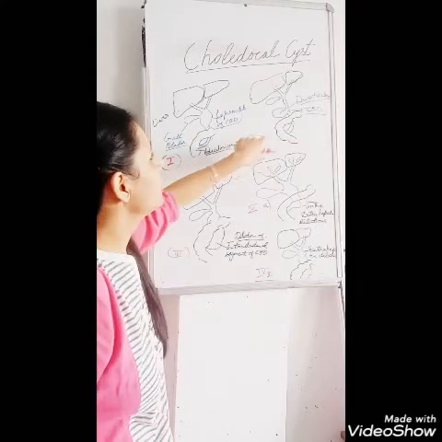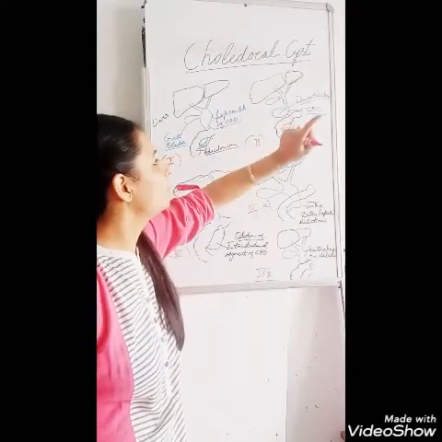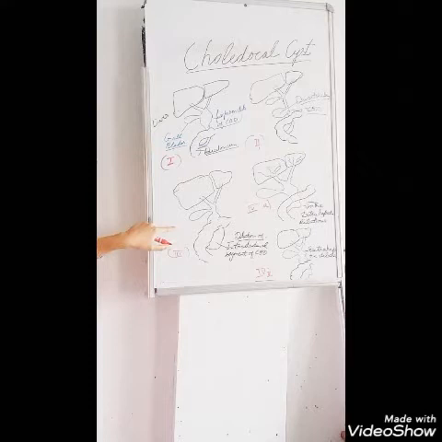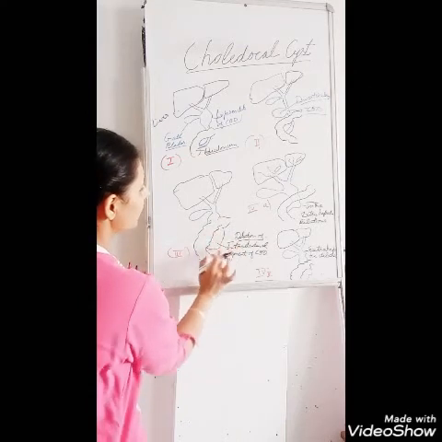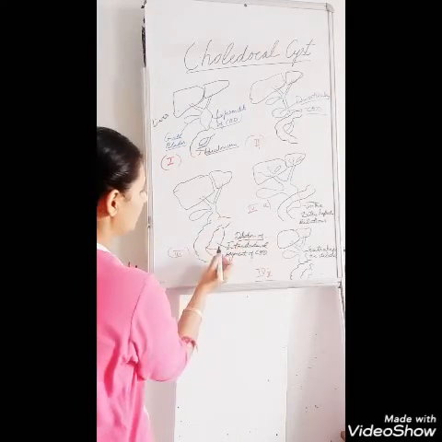In the second, there is a diverticulum formed of the common bile duct. In the third, there is dilatation of the intraduodenal segment of the common bile duct. See, there is dilatation of the intraduodenal segment of the common bile duct.